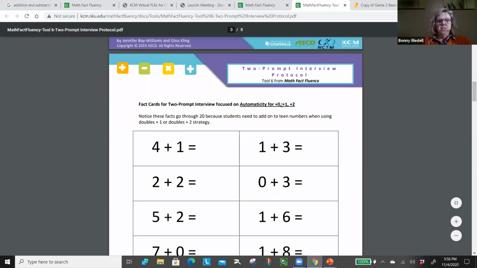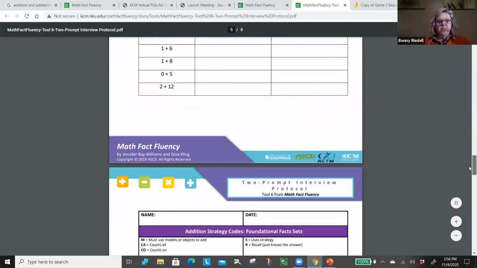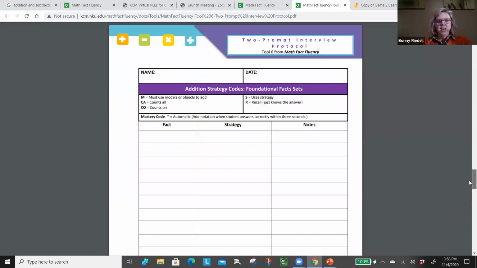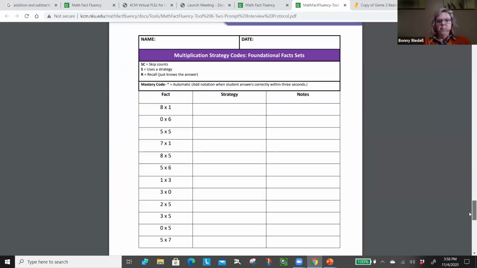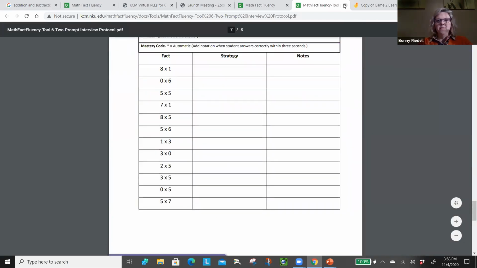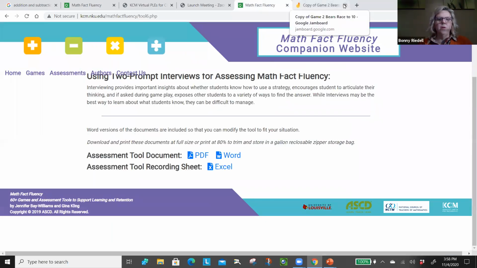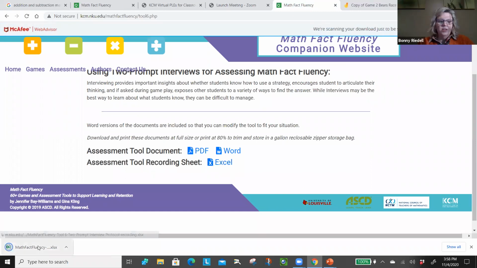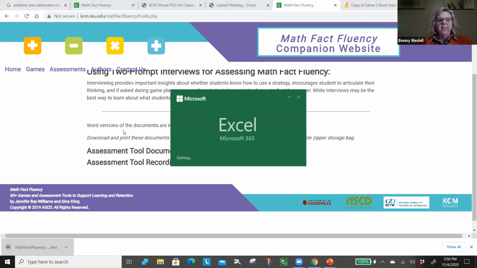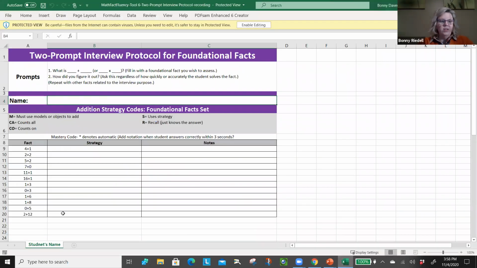This is looking for automaticity of +0, +1, +2. And then going on to the multiplication. And then the sheet where you record all that information, which is great for parent-teacher conferences or sharing information with the stakeholders for your student. And there's also an Excel spreadsheet that you can download, and you can put your student's name in, and that is just a great way to keep up with all of that information.